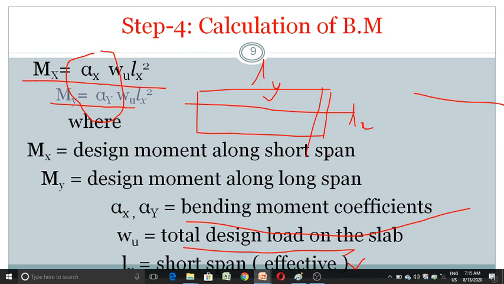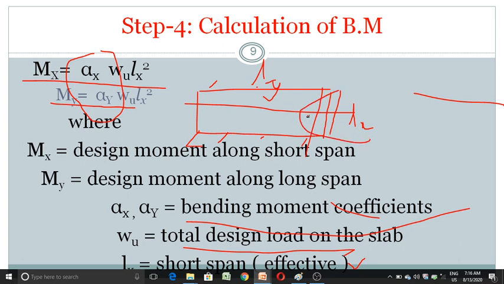If your slab is simply supported and all edges of the slab are discontinuous, say like this, I am showing it here with some hatching lines to make it discontinuous, right? So if we draw the bending moment diagram in this direction, we get a bending moment like this.